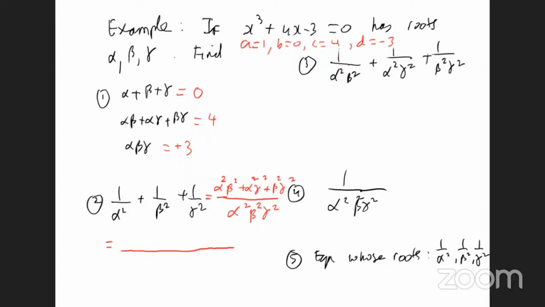Now we could use the formula I gave you, right? The denominator is 3 squared. The next one will be the pairwise sum squared, minus 2 by the product by the sum. Sorry, this is 0, right? By the sum. So I have 16 on 9.